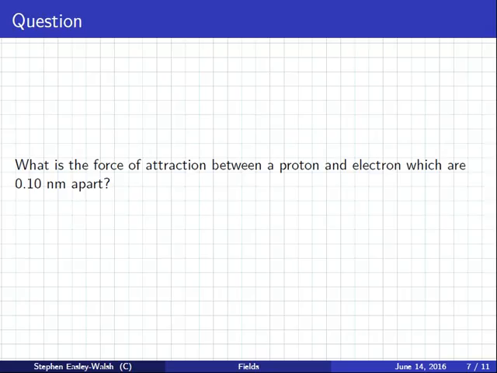For the force, 2.3 times 10 to the minus 8. Yeah, okay. Let me calculate it now. Do you have it yet?